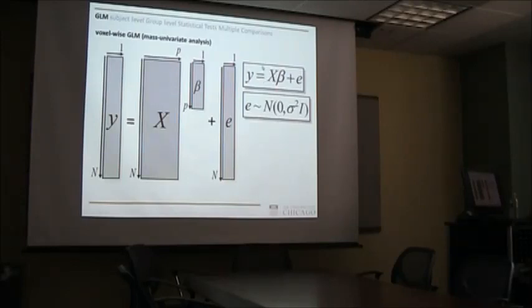It's a really basic model, and it's not only used a lot in fMRI, but actually in all of the social sciences within this statistical framework.